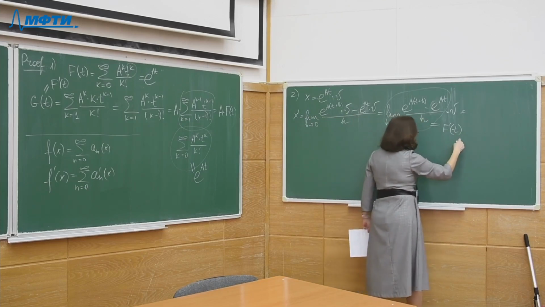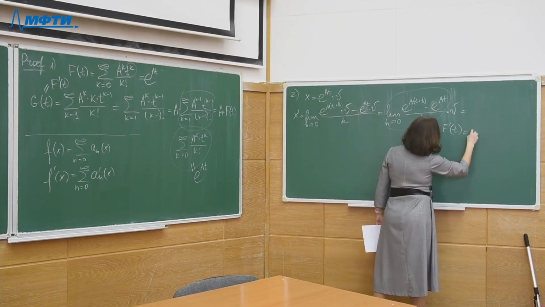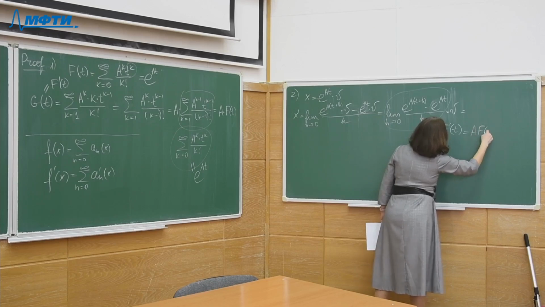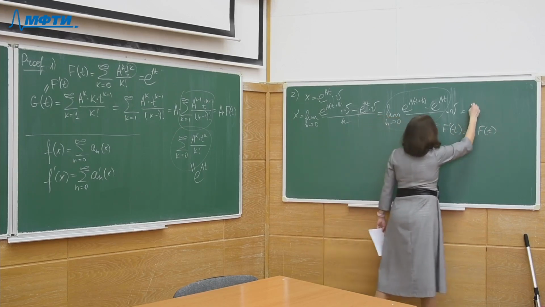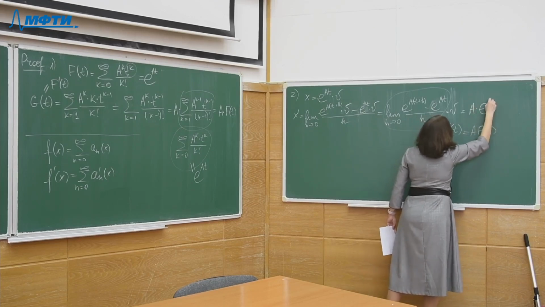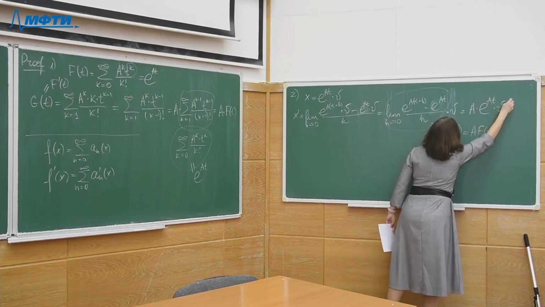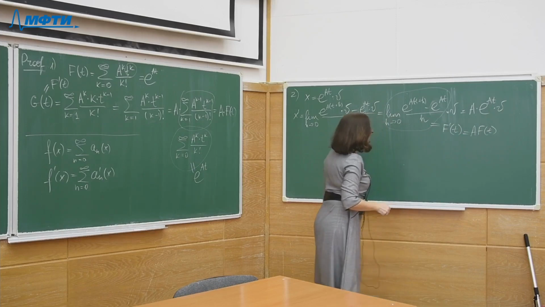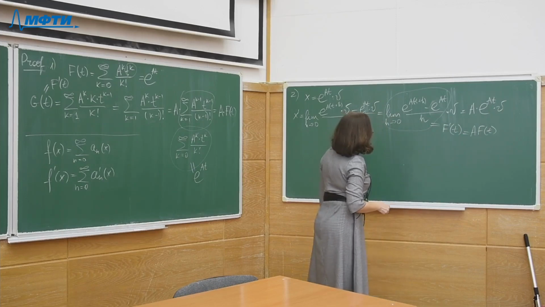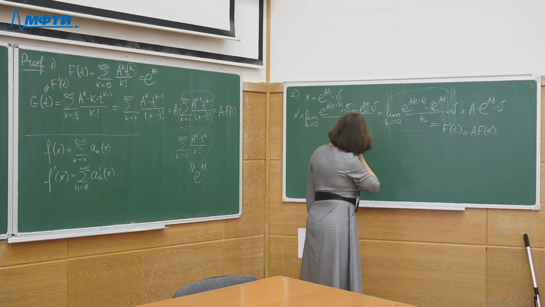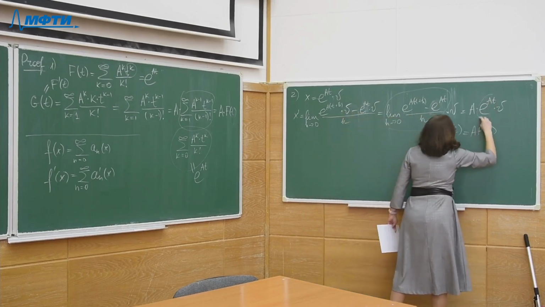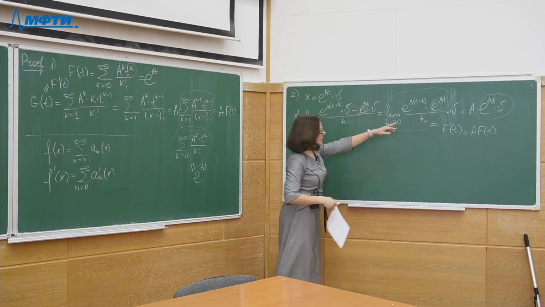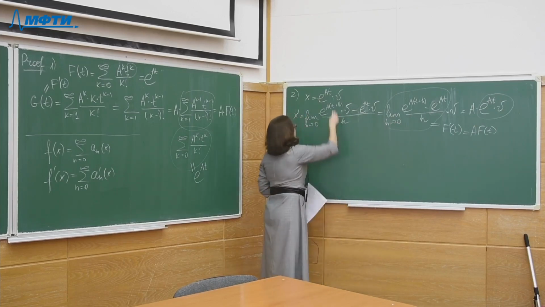But it was proved that f prime of t equals A f of t, so it is equal to A times e to the power At times v. Well, you can see that this is the same as this formula.